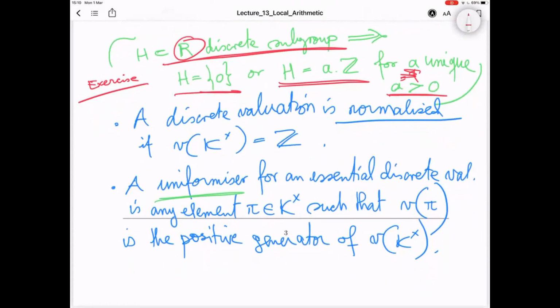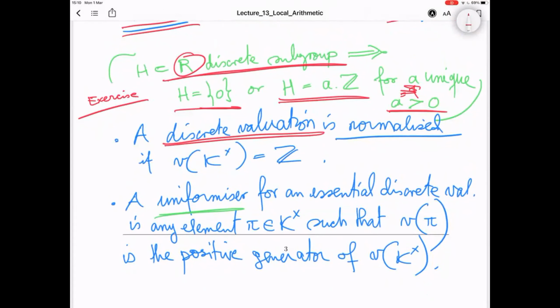So a discrete valuation, meaning one for which the image of K star is a discrete subgroup of R, is going to be called normalized if that image is actually equal to Z. Every discrete subgroup of R is isomorphic to Z, apart from the trivial subgroup. And if the image is exactly equal to Z, we call it a normalized discrete valuation.